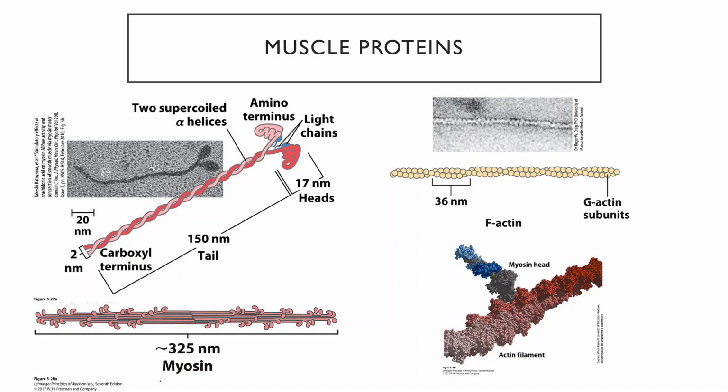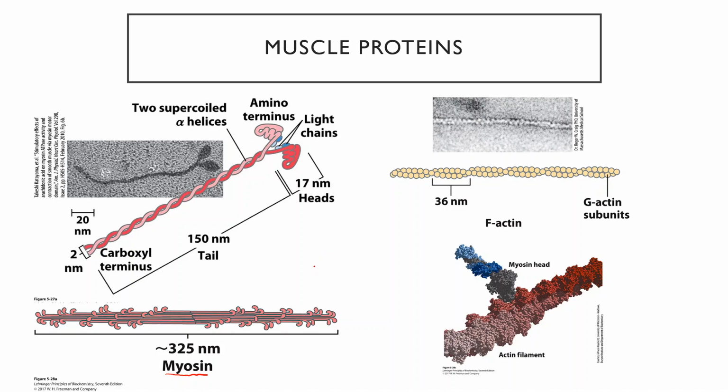One is made of this protein called myosin, and myosin proteins are these sort of candy cane shaped structures that wrap around each other. And there's 2 subunits per myosin protein, and the tails, which correspond to the carboxy terminus, are all attached to each other at one end, and then the heads are sticking out the other way, which corresponds to the amino terminus.